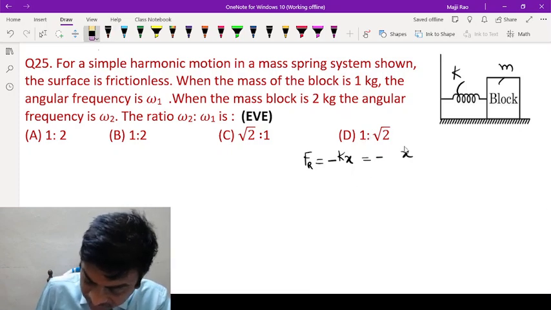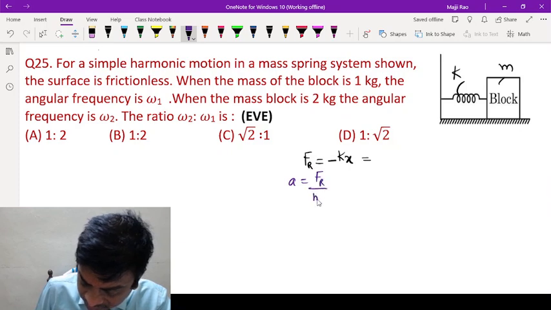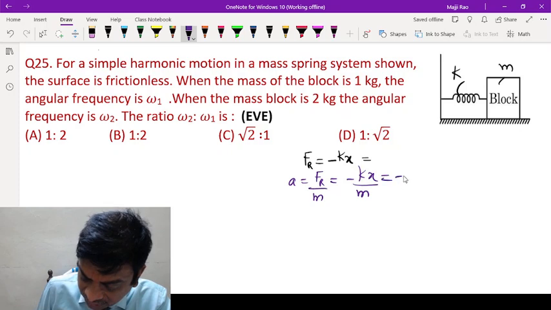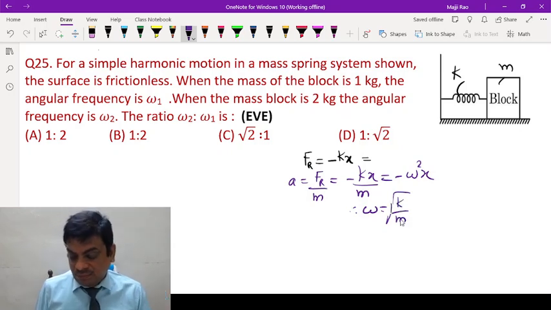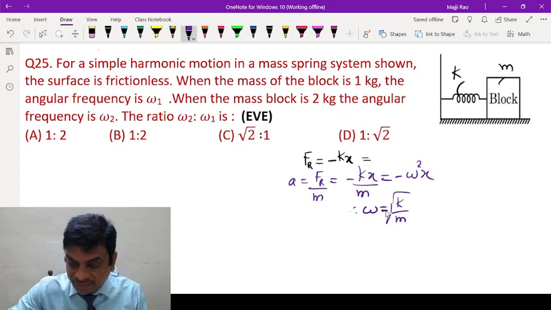Mass should be there, isn't it? I'm sorry. Now acceleration will be force by mass. So force by mass is equal to minus omega square x. So accordingly, omega is under root k by m. So this formula you have to remember, students. So omega is equal to under root k by m.